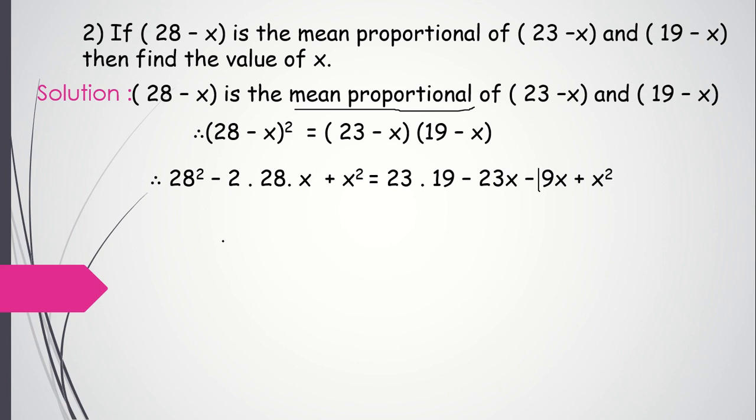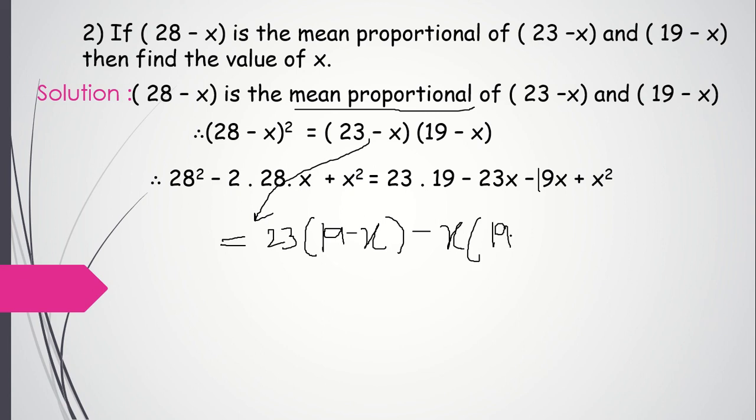I'll expand that if there is a problem, this part, if anybody is not following, I will just show it here. 23 into 19 minus x minus x into 19 minus x. We break the first bracket, and this is multiplied with the second bracket. So first 23 into 19 minus x, then minus x into 19 minus x.